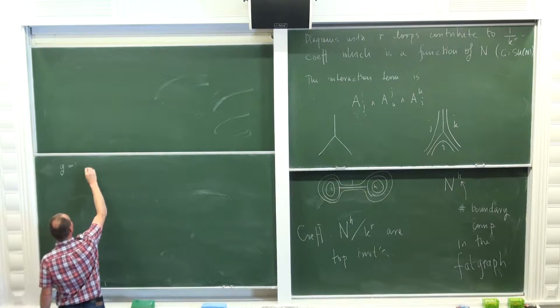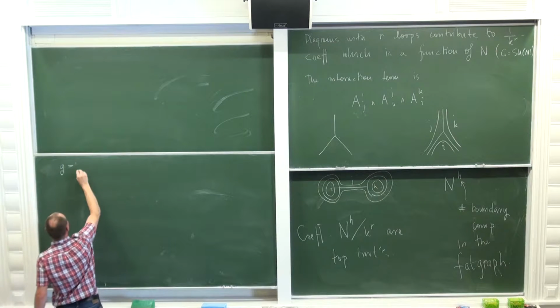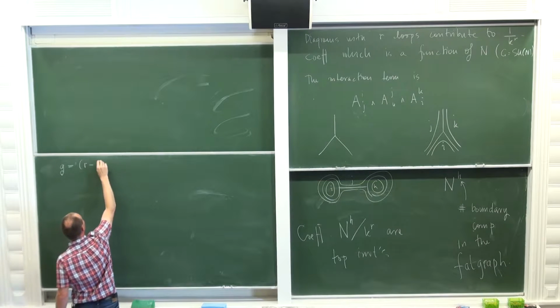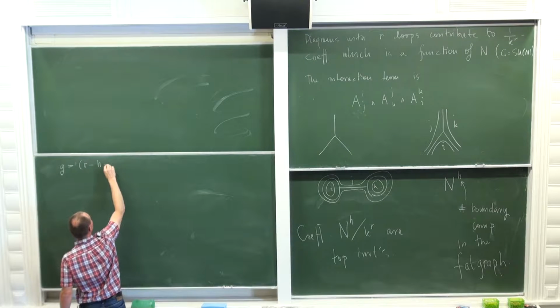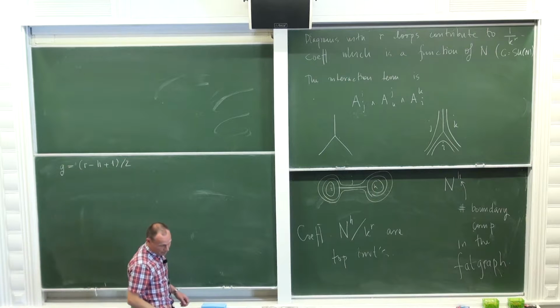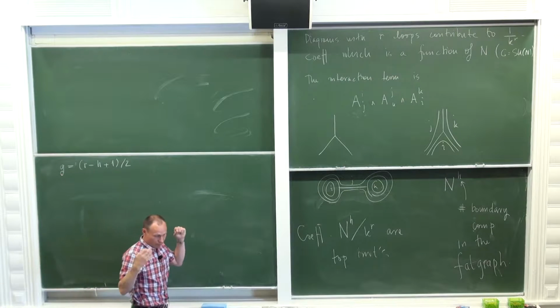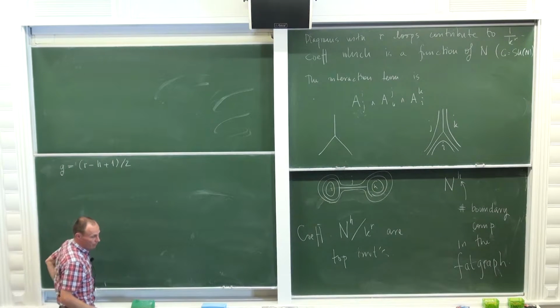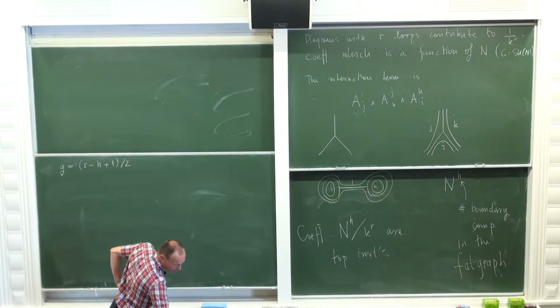The genus is, of course, simple: it's just r loops minus vertices plus 1 over 2. So we can reorder the thing and write it up in the following way.